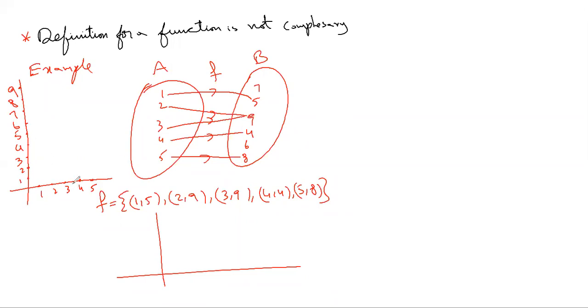So 1 is mapped to 5, 2 is mapped to 9, 3 is also mapped to 9, 4 is mapped to 4, 5 is mapped to 8.